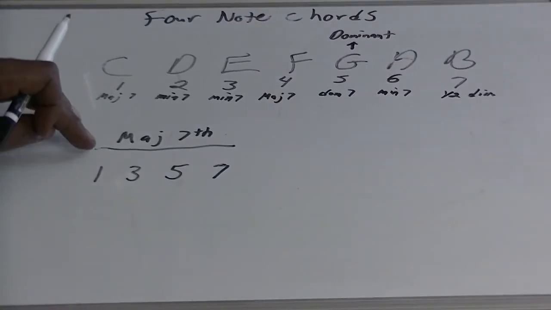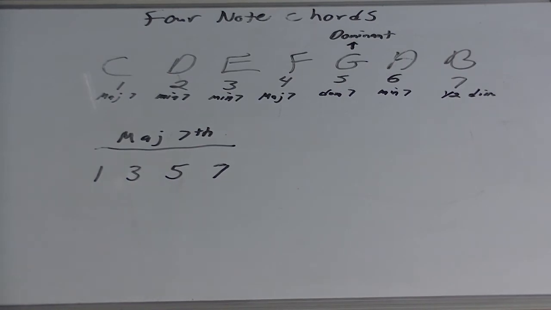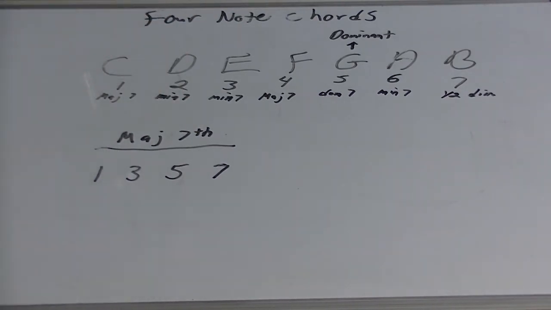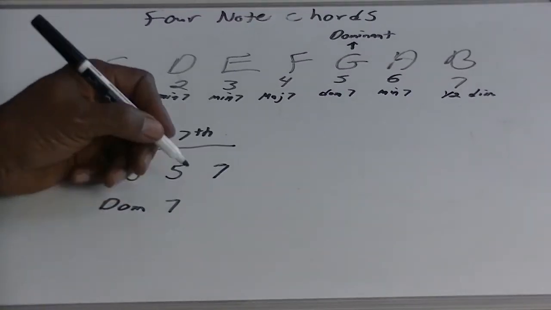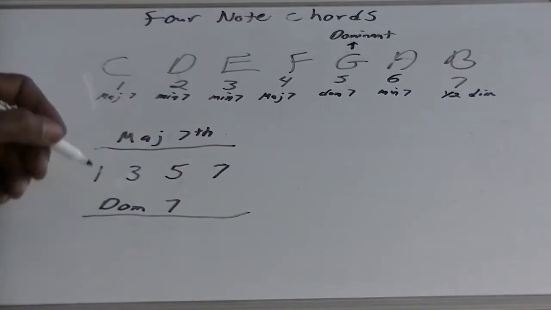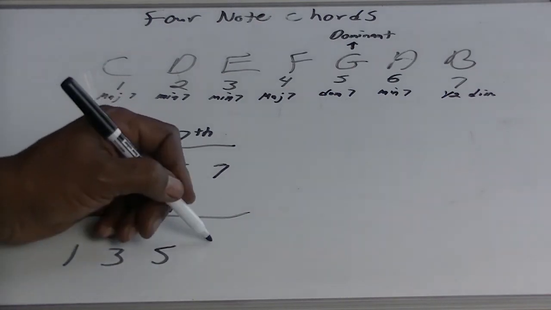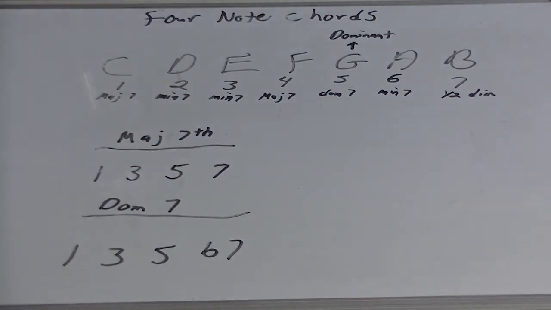When we're dealing with the major 7th chord, all the notes of the chord come directly from the scale. There's no need to alter any of these notes. When we looked at the dominant 7, we determined that it had the 1st, the 3rd, the fifth, and the flatted seventh notes of the major scale.